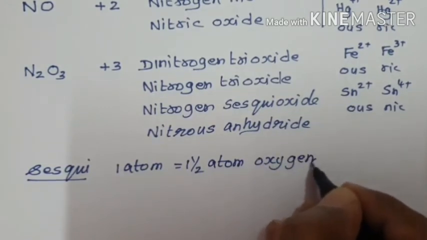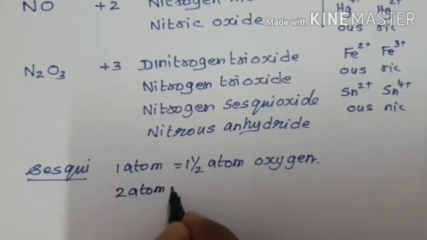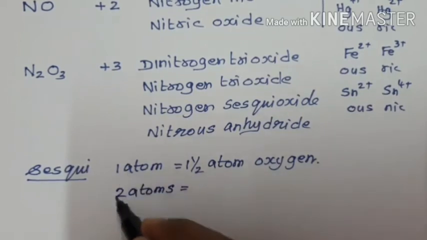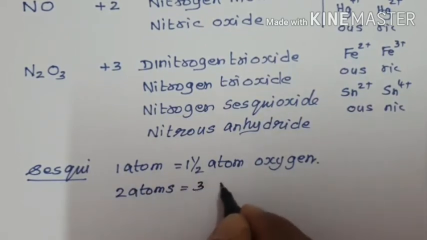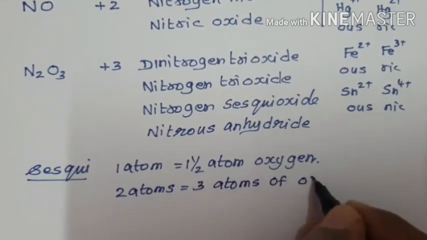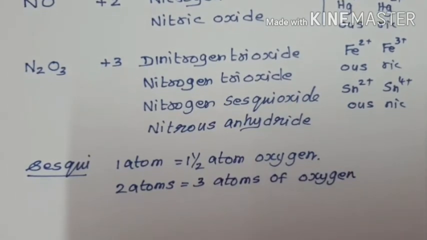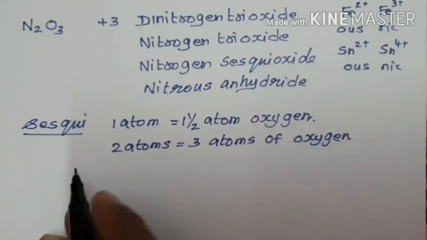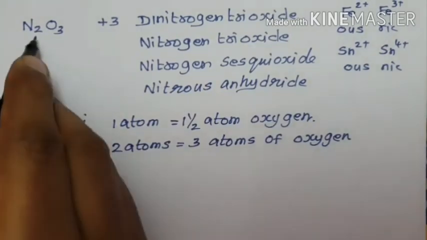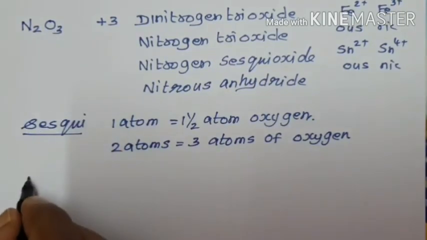So if two atoms combine, double the number: 3 atoms of oxygen. It is called sesquioxide. For example, for 1 nitrogen, 1.5 oxygen; 2 nitrogen, 3 oxygen.